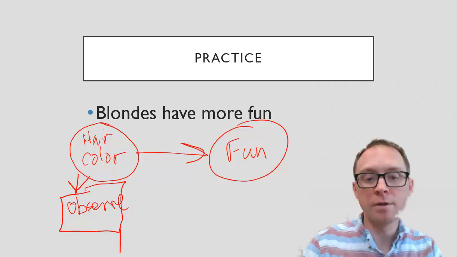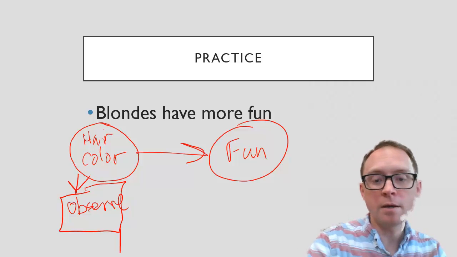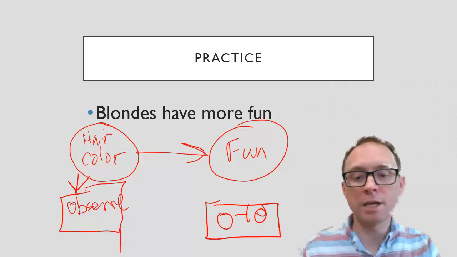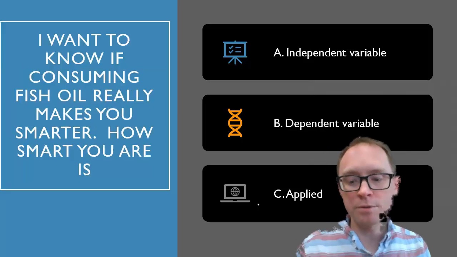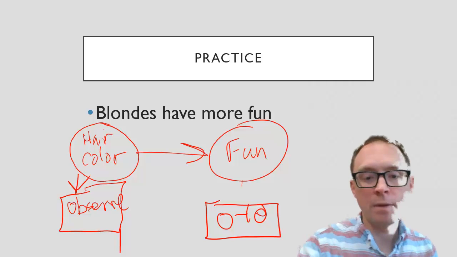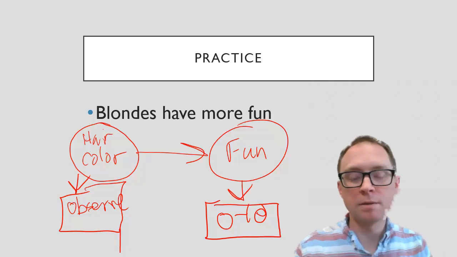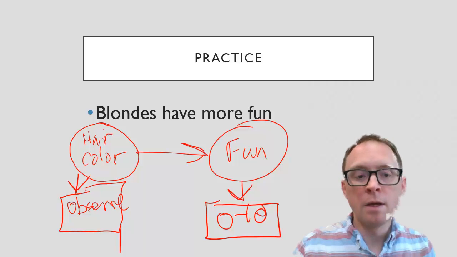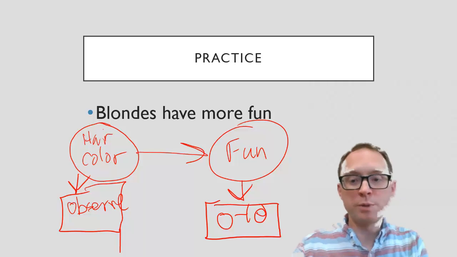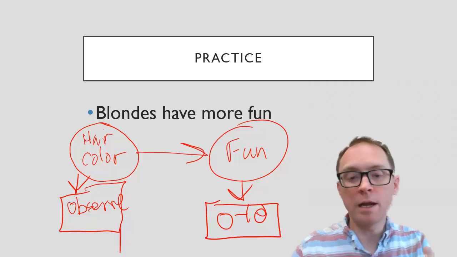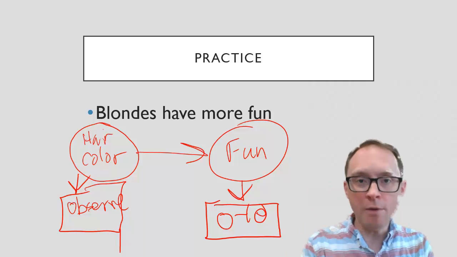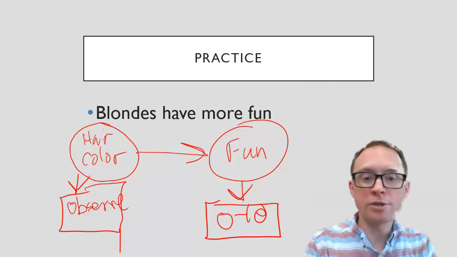I measured your hair color. And then I would measure how much fun you're having, let's say on a scale from 0 to 10. This would be a measurement of fun. Then I'd say, all right, I measured these people with their hair color, and then I measured how much fun those people were having, and it turned out that the people who were blonde had more fun. That would be a correlational study.